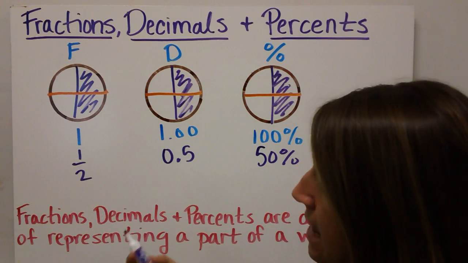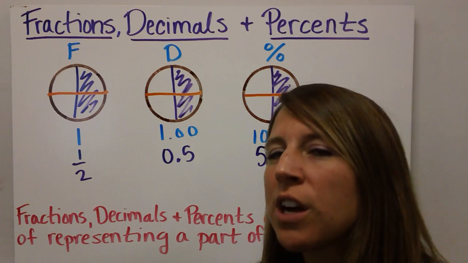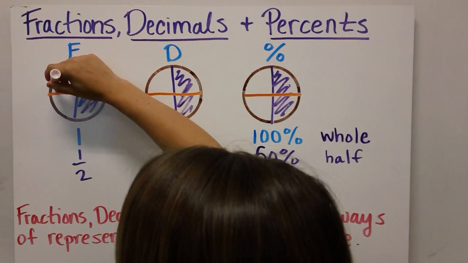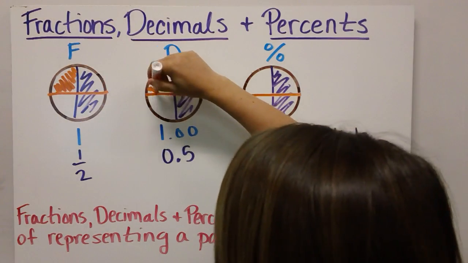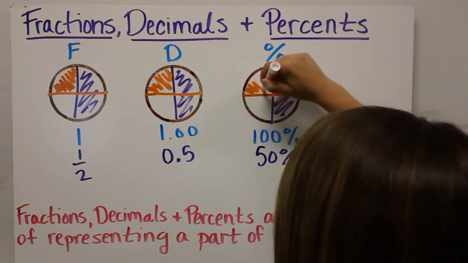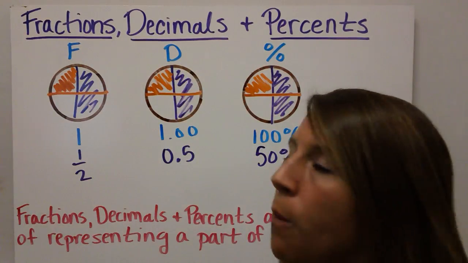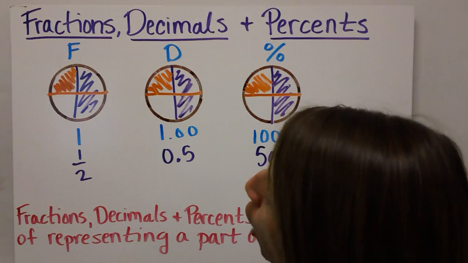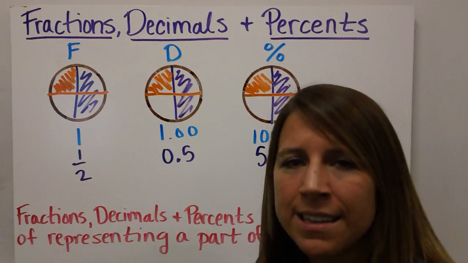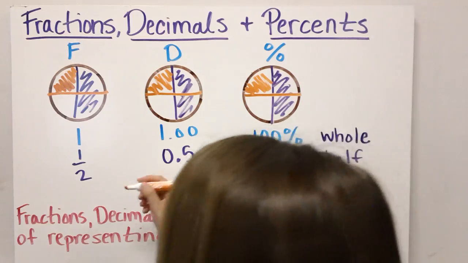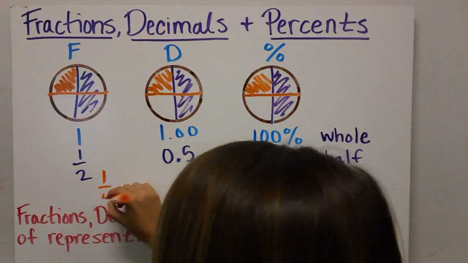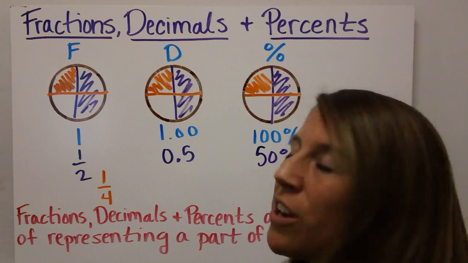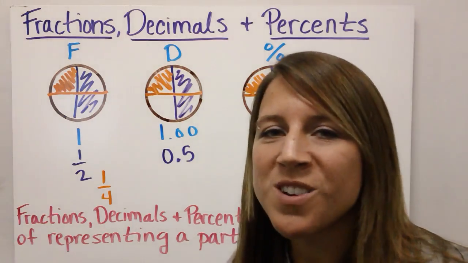If I color in this piece right here, and I just want you to look at the orange sector, how much of the whole is that? How much of the whole? 4 equal pieces. That orange piece is going to be 1/4, right?